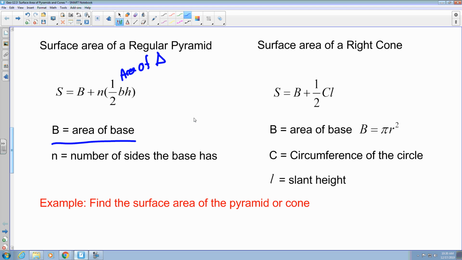If you look at the cone, we have the area of the base, which is a circle, so pi r squared. And then plus 1/2 times the circumference of that circle, 2 pi r, and then times L, which is the slant height.